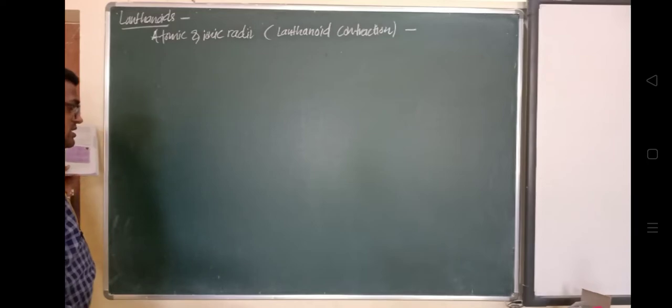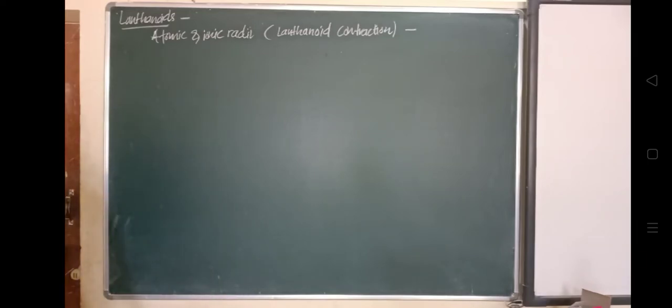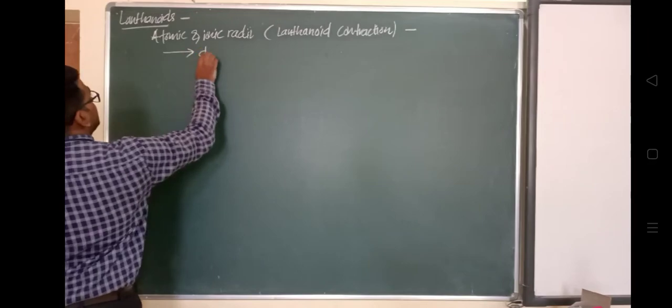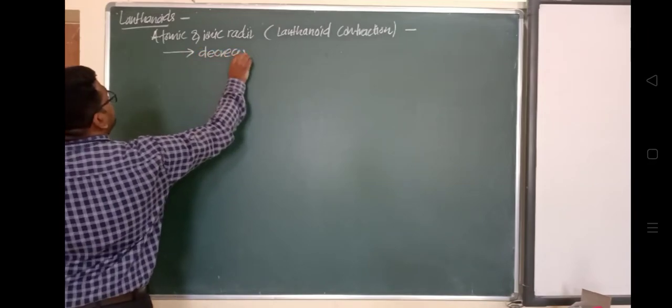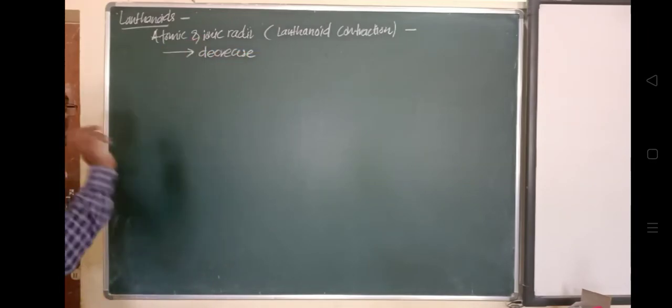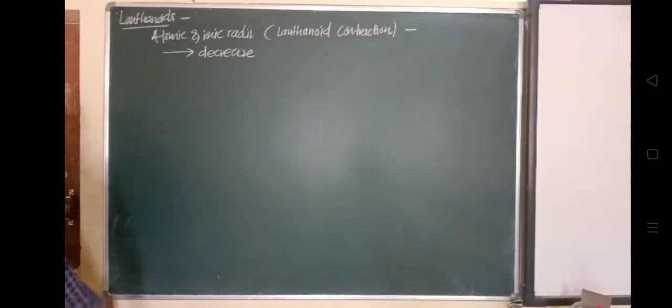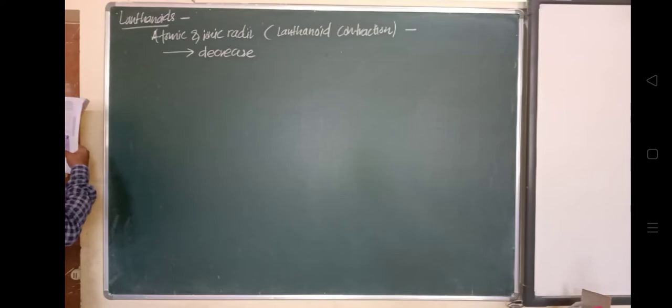We have already seen the reasons behind the lanthanoid contraction. Why is it called lanthanoid contraction? Because there is a decrease in atomic and ionic radii, moving from left to right in the lanthanoid series, and that is termed lanthanoid contraction.